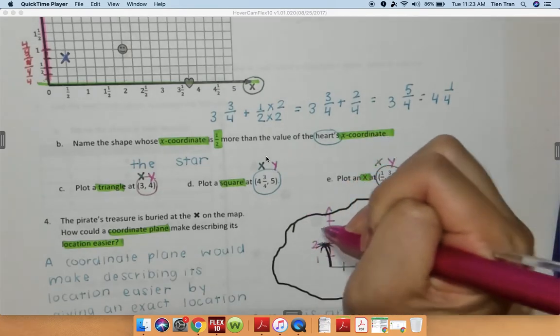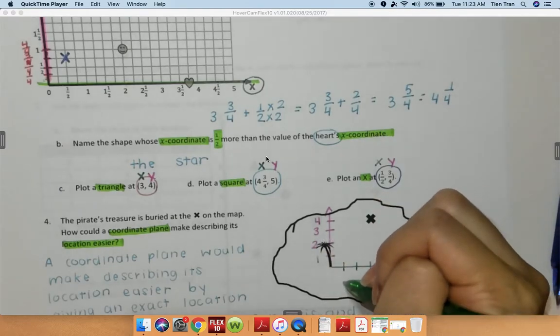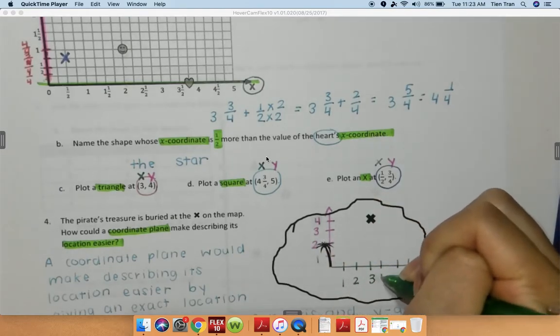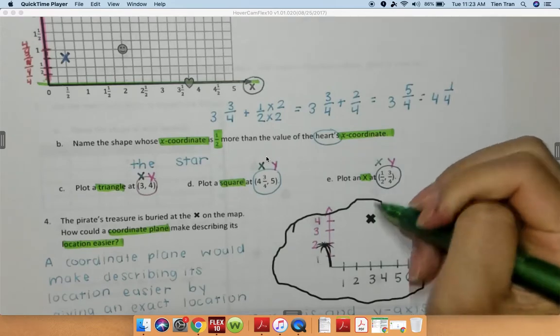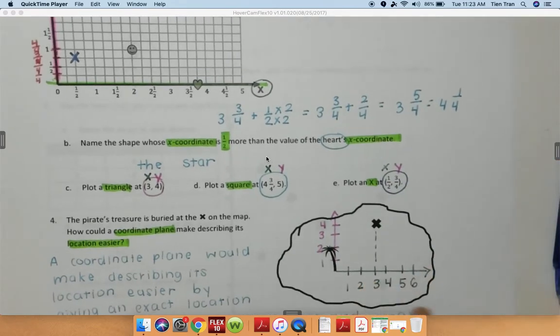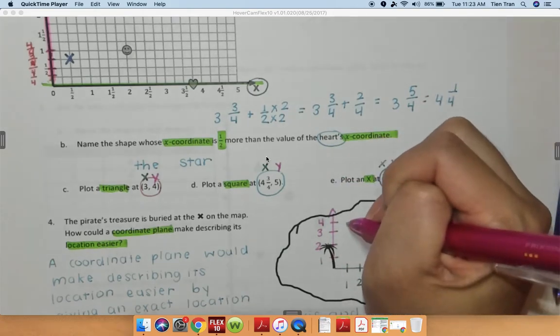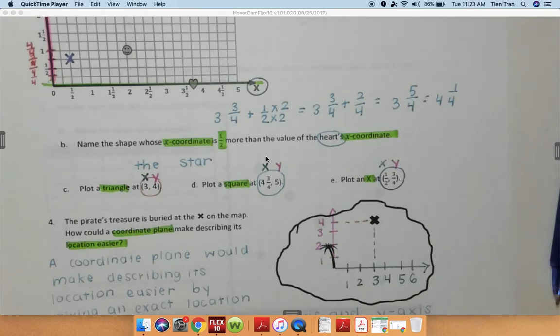So 1, 2, 3, 4. Let's say these are in inches, right? 1, 2, 3, 4, 5, 6. Okay, so I can say that on the x-axis it is at 3, and on the y-axis it is at 4. And that makes it easier to find a location.